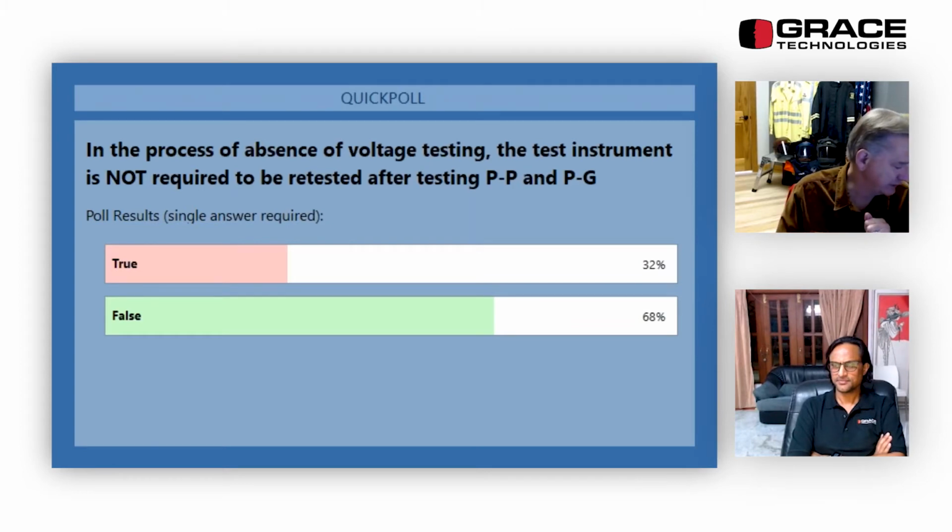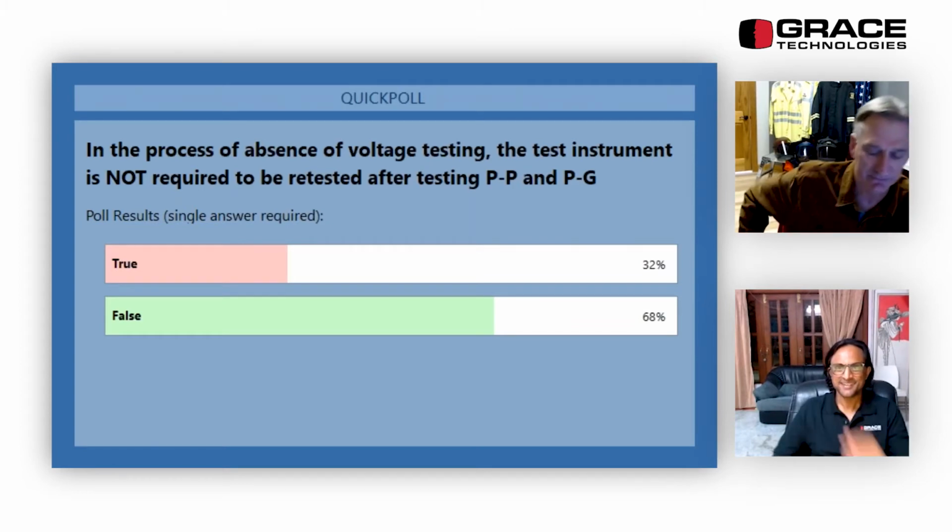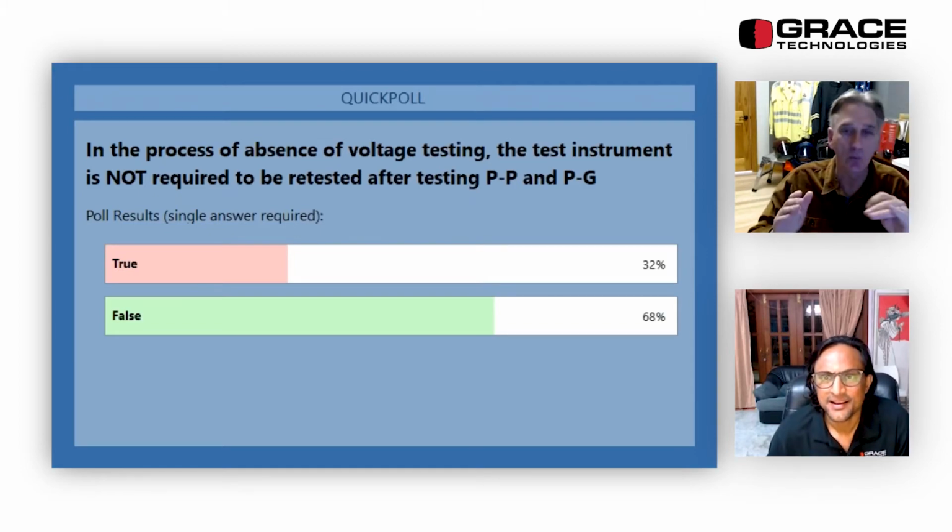And Bhanu, if you can go ahead and show the screen of us. You test your meter on a known voltage source. I don't sell any products, but I take a lot of things to class.